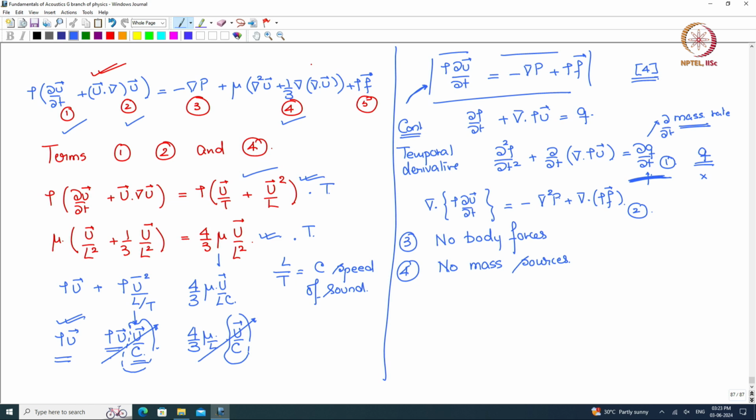Now this term 1 is typically used to model a speaker, which we will call a monopole if its dimension is small.